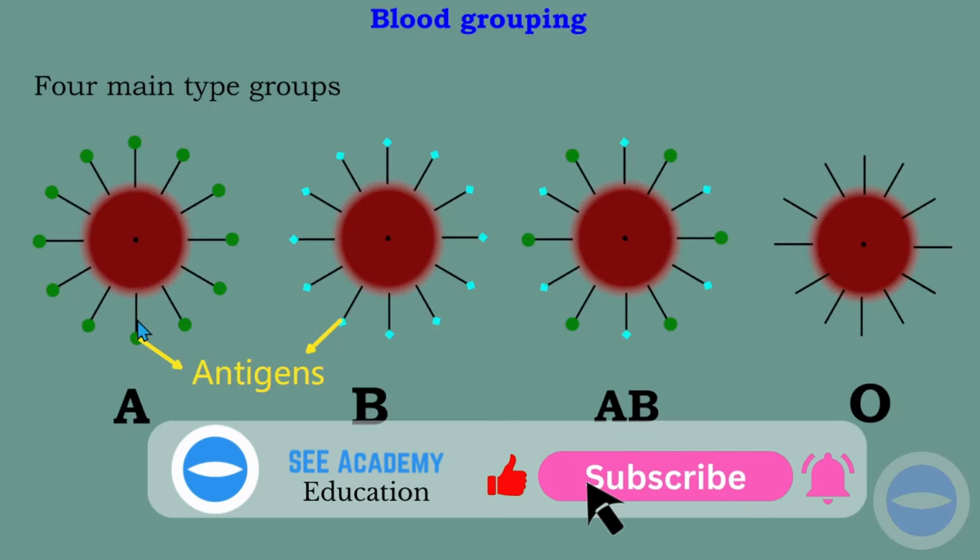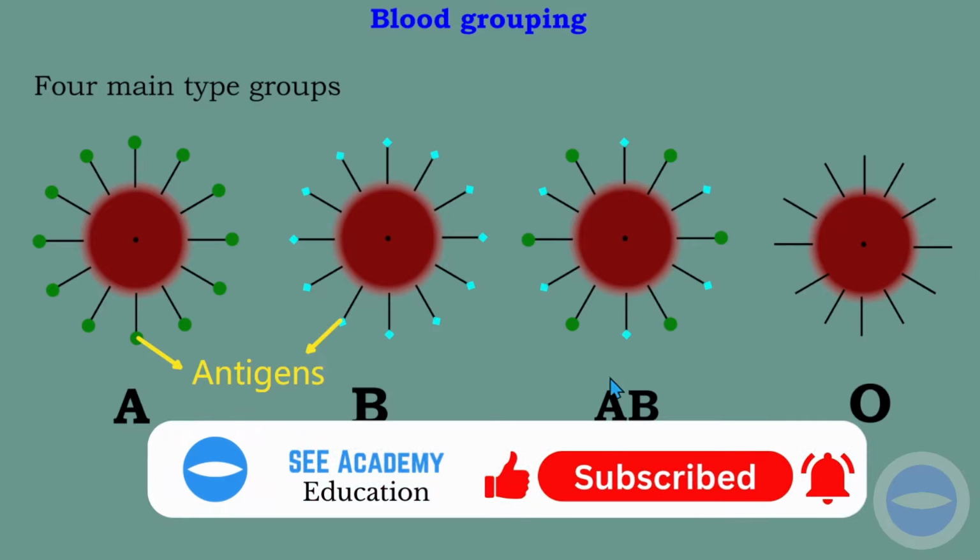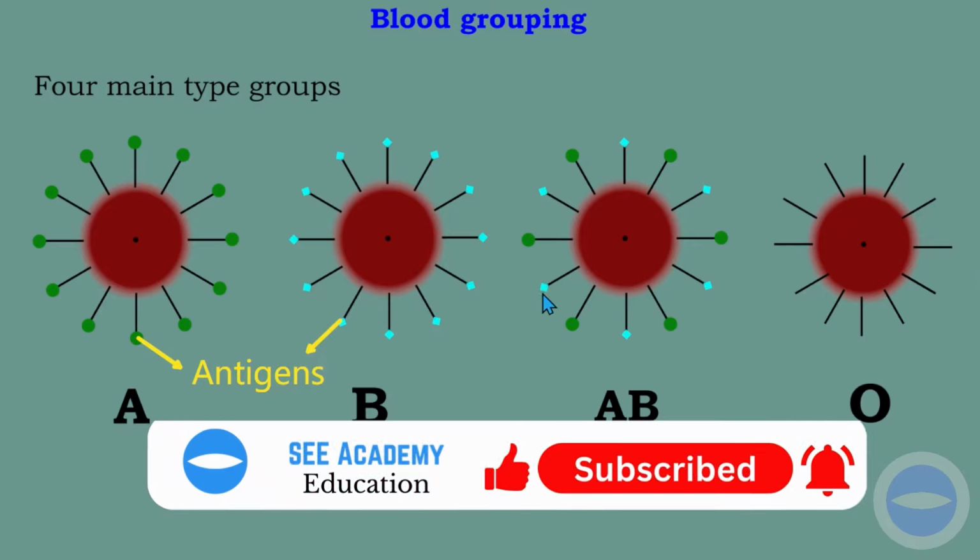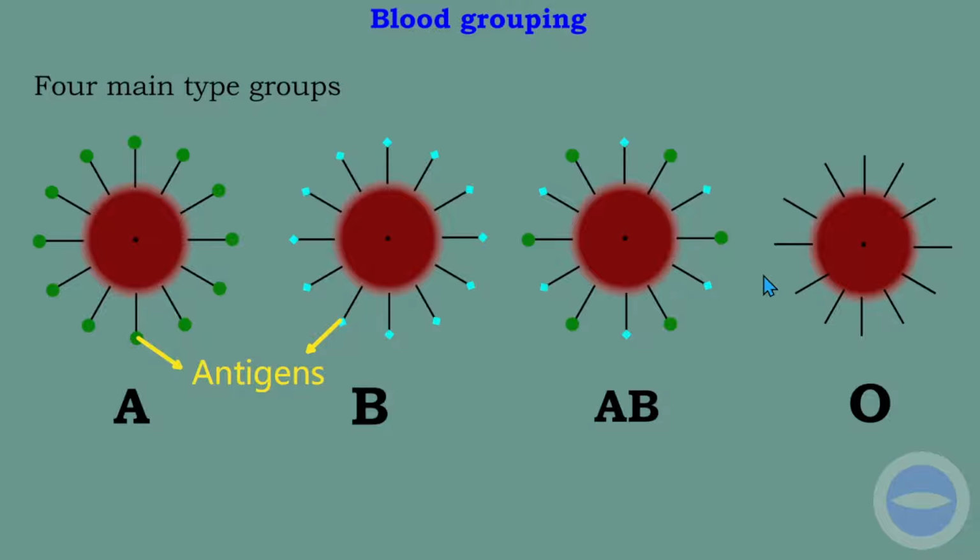Type A contains antigen A, while type B contains antigen B. This is what makes the difference. Type AB contains both antigen A and antigen B, and type O has no antigen. So this is the phenotype of the blood group. You must know that what makes this blood different are the antigens.